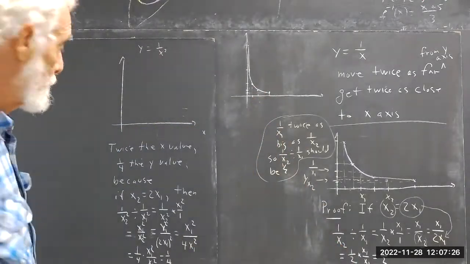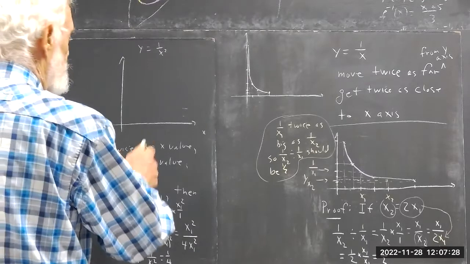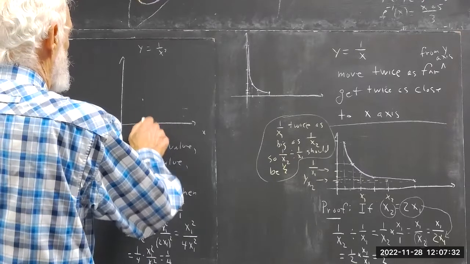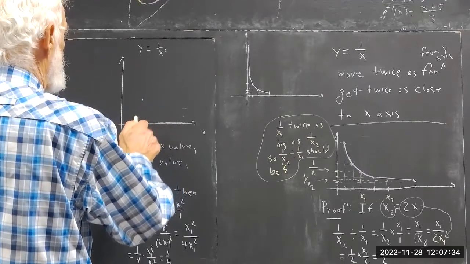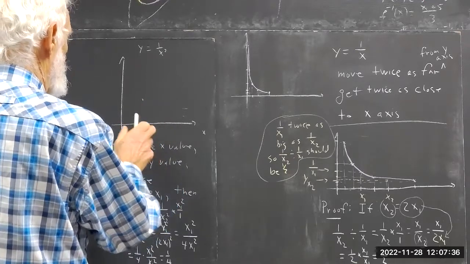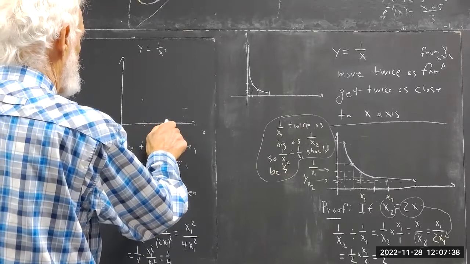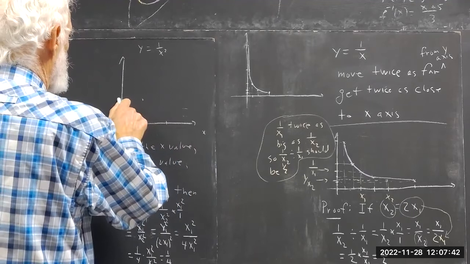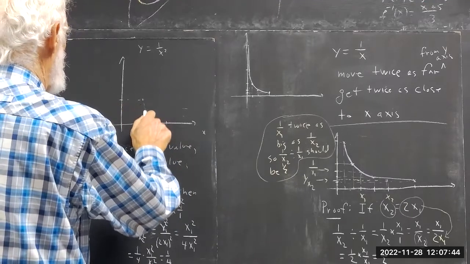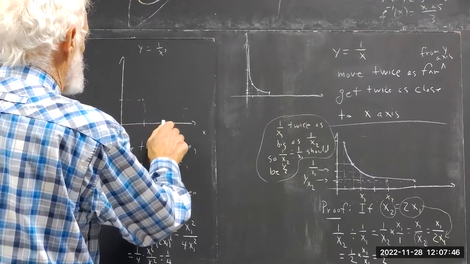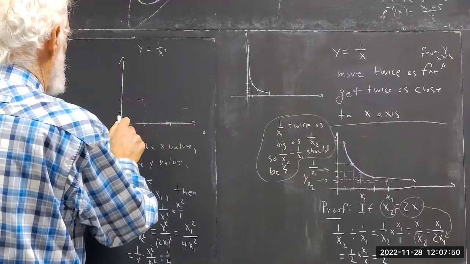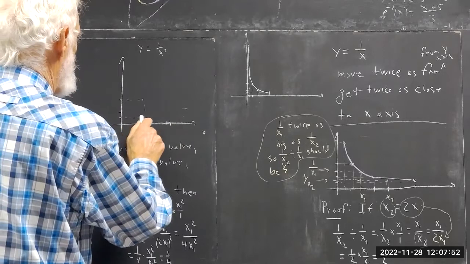Now, if I've got a point on this graph, let's put a point here. Here's how far we are. And if we go twice this far, we get down to 1/4 as high. Let's see, here's where we are here. Imagine twice as far as we are. Subdivide this and subdivide this.